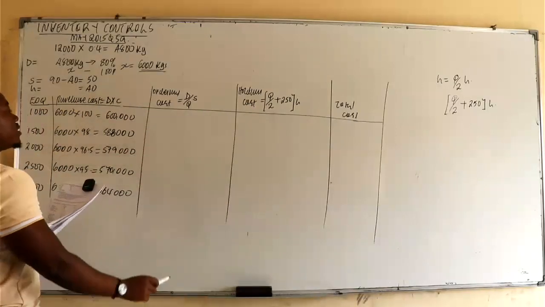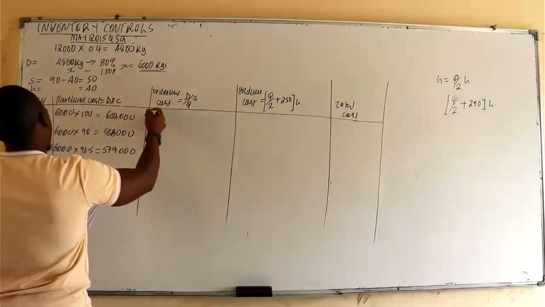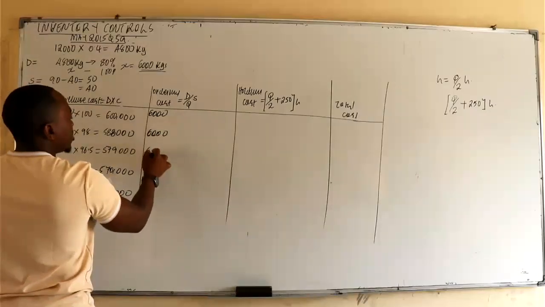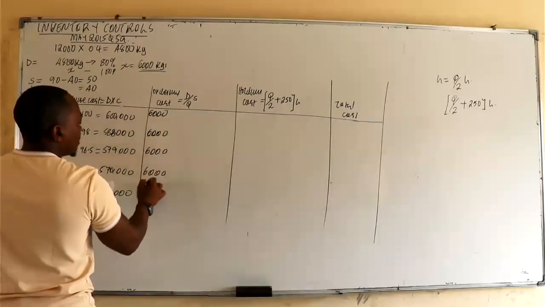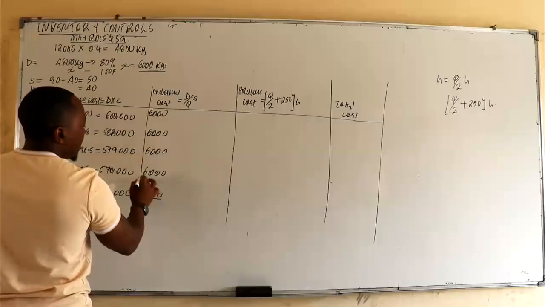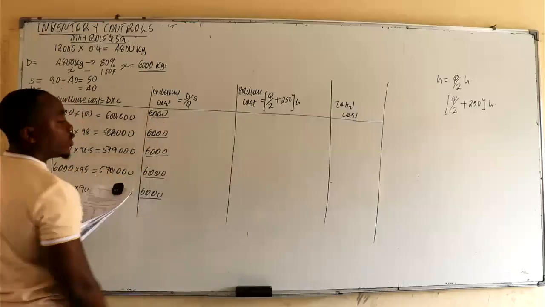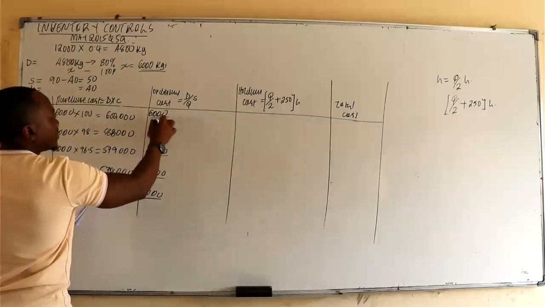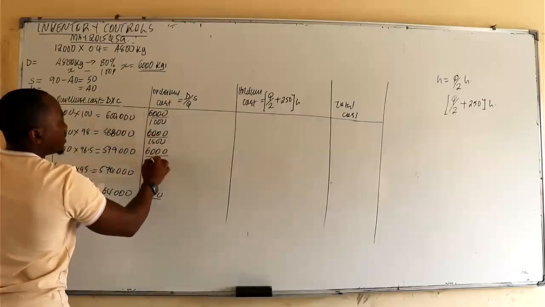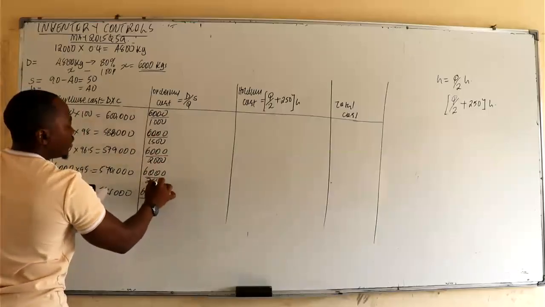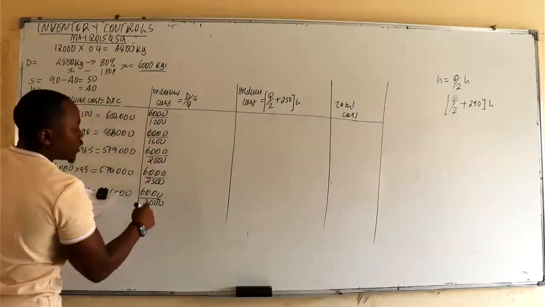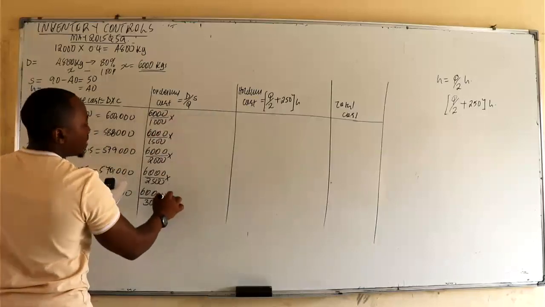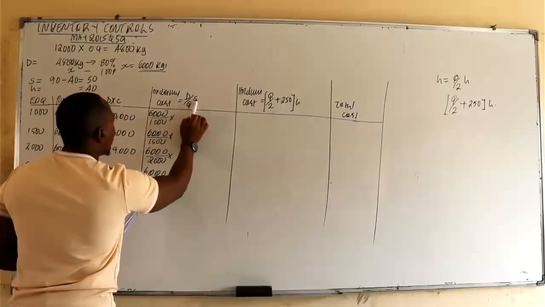Then you determine the ordering cost. To determine the ordering cost, you take D over Q. Our D is the annual demand, so it's 6,000. That one does not change. Then you divide by the EOQ, the economic order quantity. So this is 1,000, 1,500, 2,000, 2,500, 3,000, so that you get the number of annual orders. Once you get the number of annual orders, you multiply by the cost per order.